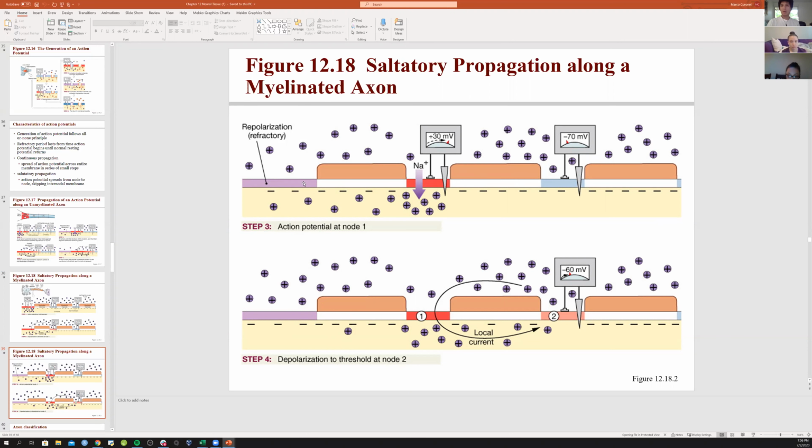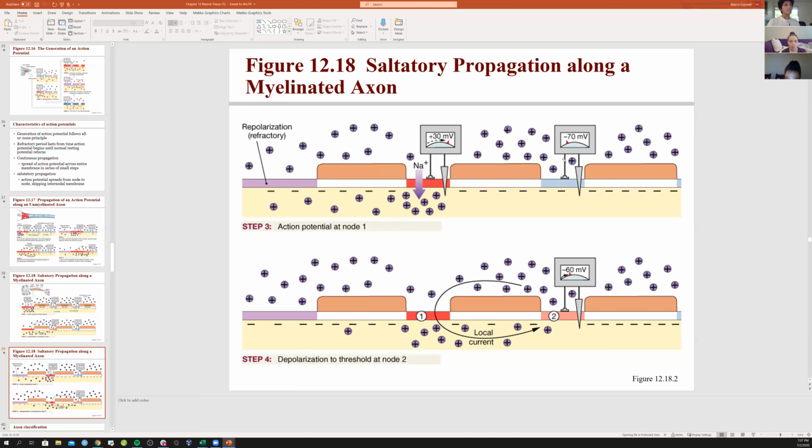The refractory period that we talked about is important because that gives the action potential directionality. This signal, these localized changes in membrane potential, are happening at this level and at this level.